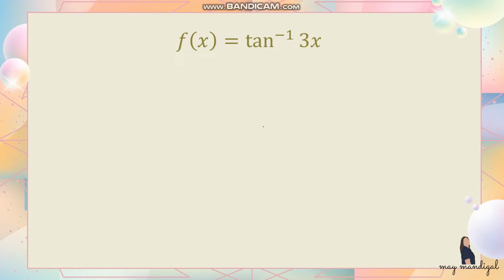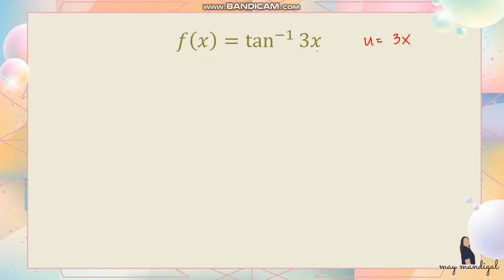Here we have, again, arc tan of 3x. We can set our 3x as our u, or our inner function, because this whole inverse tangent is one term, and within this term there is a function inside, which is this one.